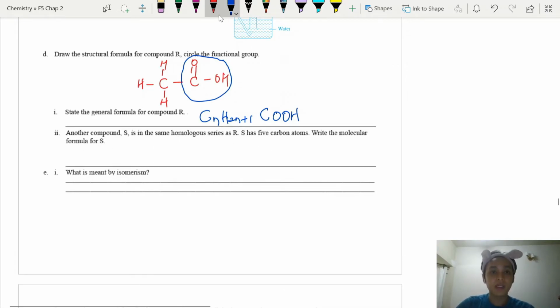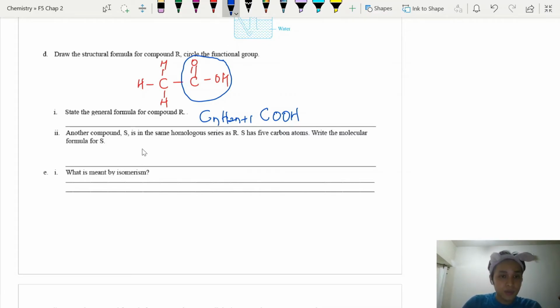Now remember, I've been mentioning this many times throughout my videos. 5 carbon, you do not put 5 here. Why? Because you need to consider the carbon here as well. So they have 5 carbon, meaning you need to minus off this one. So here will become C4 and then H9.